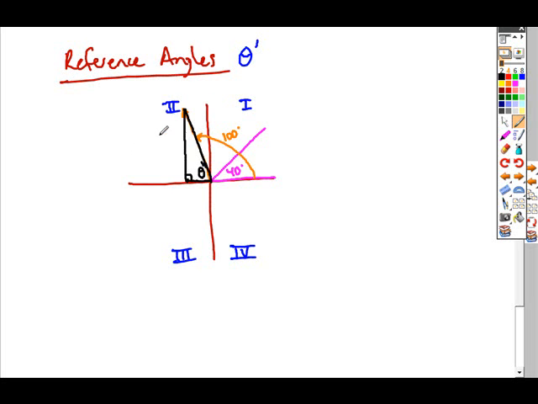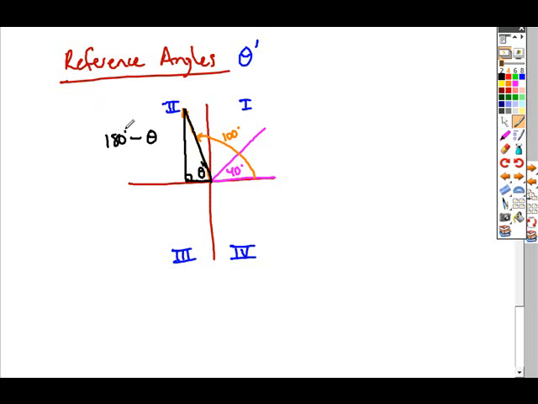We're going to take what? This angle right here is the whole angle from 0 to 180 minus the original angle. So to find the reference angle in quadrant 2, 180 minus theta.